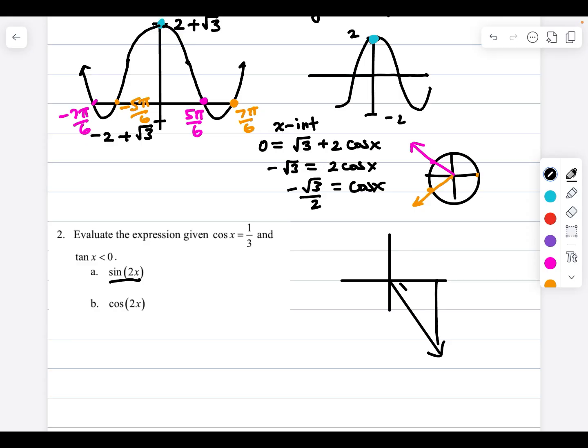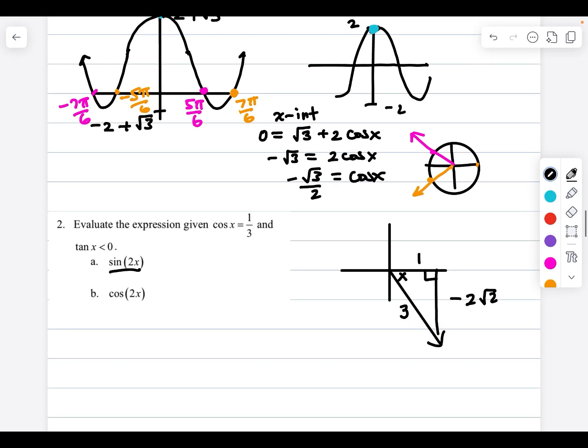So I'm going to label this angle here x. The cosine of x is the adjacent side divided by the hypotenuse. If you use the Pythagorean theorem to find the missing side, this will be 2 rad 2. But because we're going from the origin to the right and then down, I'm going to label this negative 2 rad 2.